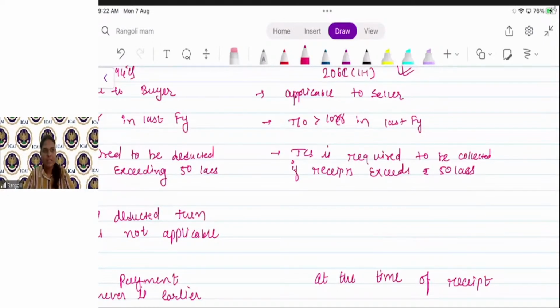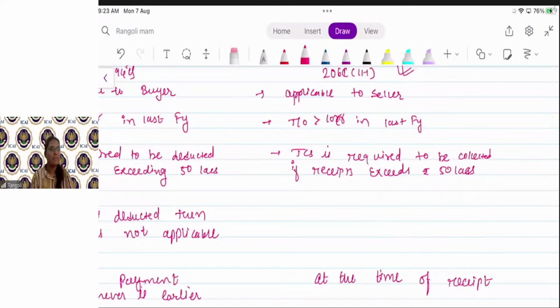So in our case, the turnover of Reliance in the last financial year is, say for example, 100 crore. And in the current year, he sold goods worth rupees 70 lakh to XYZ Limited, and XYZ Limited will make the payment of 70 lakh. So the payment is more than 50 lakh, yes or no? That means the receipt of Reliance from XYZ Limited is more than 50 lakh, yes.